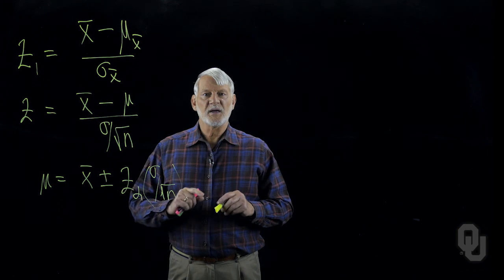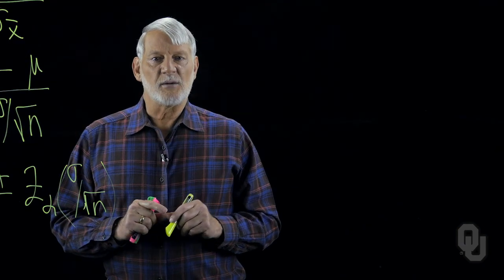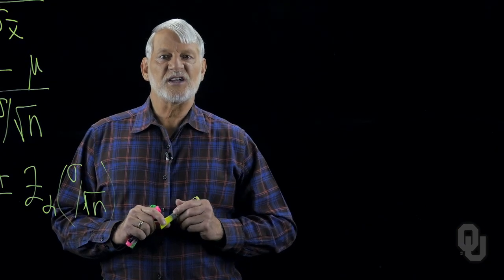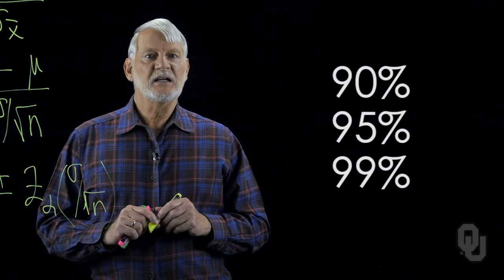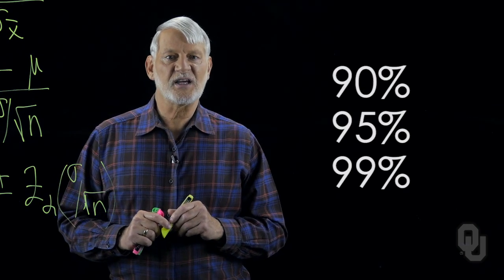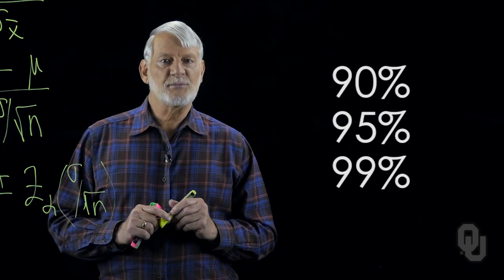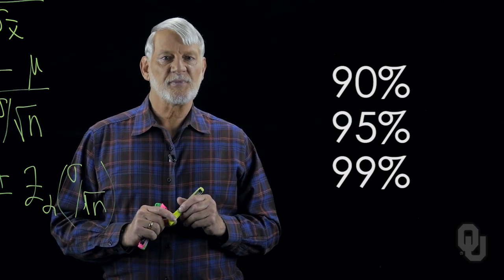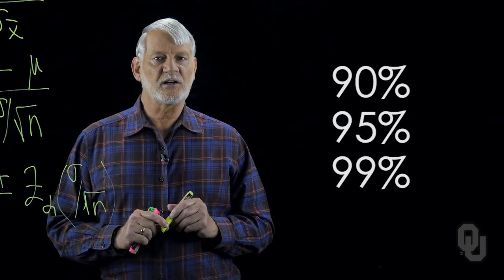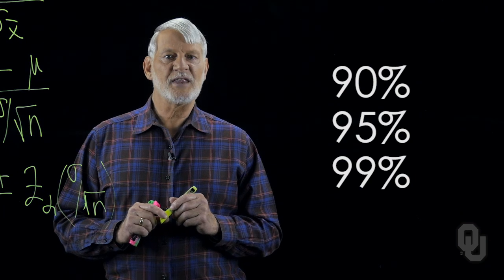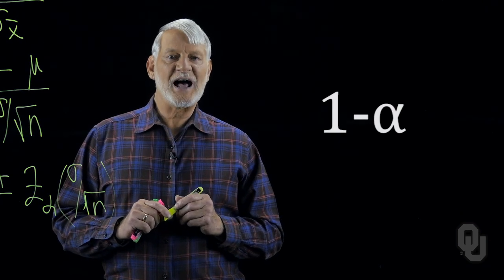Okay? Common convention in economics and most social sciences sets confidence levels at either 90, 95, or 99%. Levels less than 90% are considered of little value. The level of confidence of a particular interval estimate is determined by the formula 1 minus alpha.